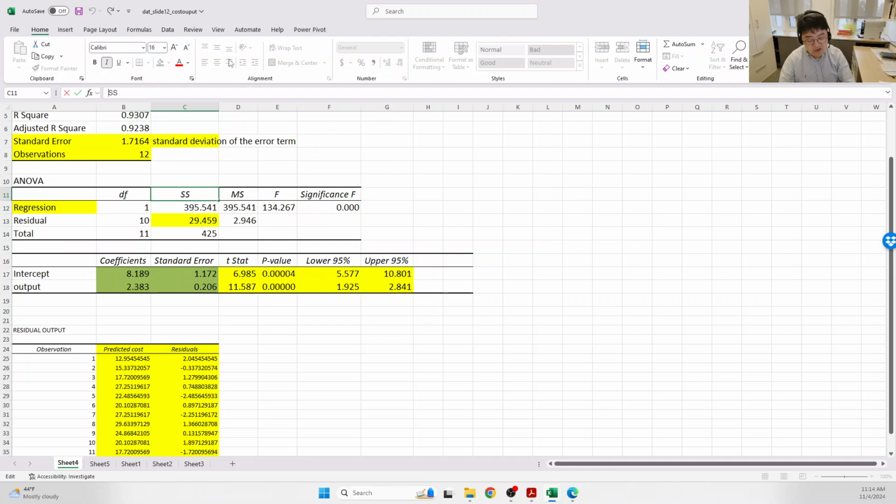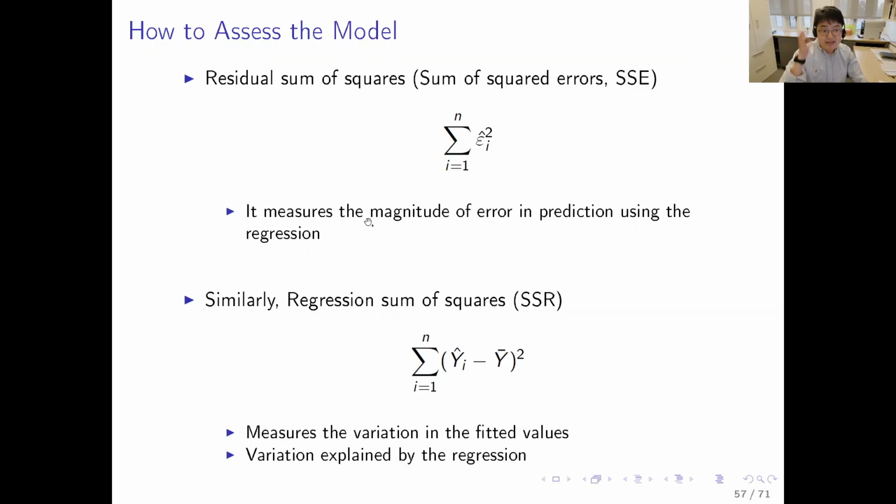Let me write the full name: sum of squares. We learned residual sum of squares earlier. So 29 is how much you fail to explain. On the other hand, 395 is how much the regression model could explain. The regression explained 395, right? So the idea is the same. We measure the distance, either unexplained or explained.